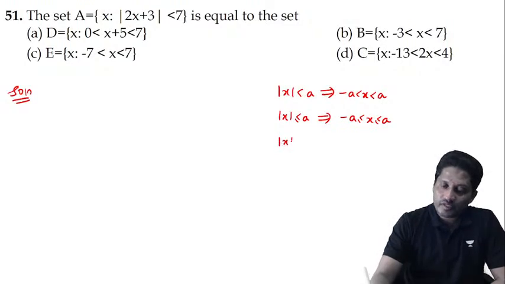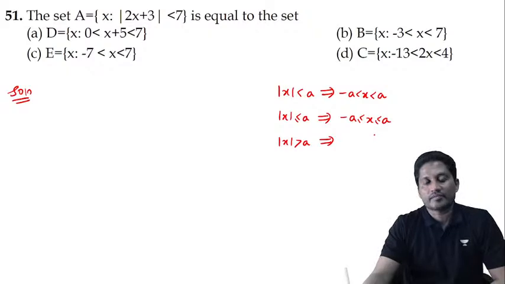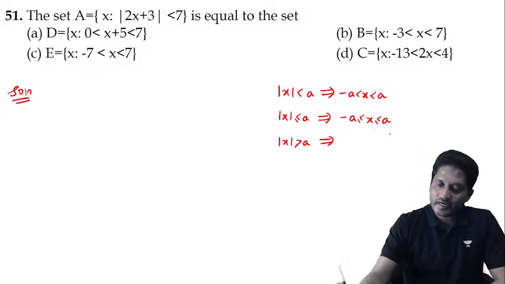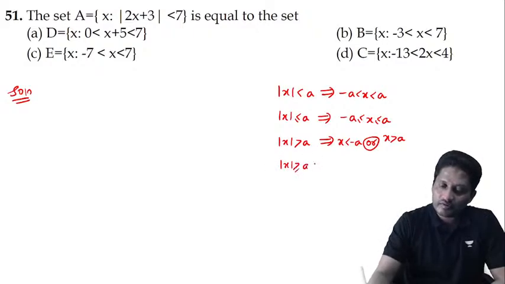Modulus of x is more than a, and you will find questions like this in NCERT exemplar. Modulus of x is greater than a, then x should be greater than a or x should be less than minus a. Okay, and then modulus of x is greater than or equal to a, then x is less than or equal to minus a, or x is greater than or equal to a.